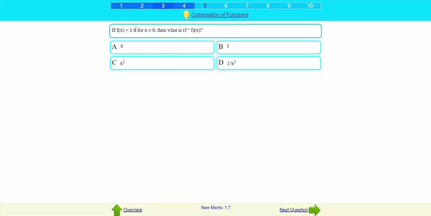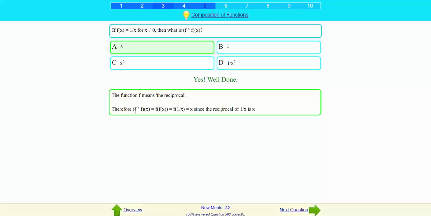As long as x does not equal 0, you end up with 1 over x, and then you would have to go 1 over x again. So if you do that, the 1 would cancel the 1 and you'll end up with x.